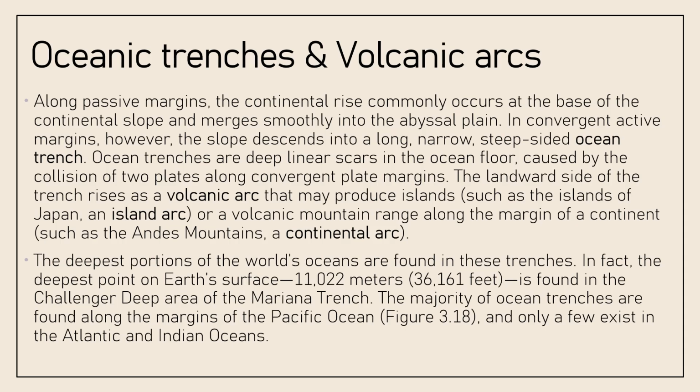Okay, now let's discuss oceanic trenches and volcanic arcs. So, along passive margins, the continental rise commonly occurs at the base of the continental slope and merges smoothly into the abyssal plain. In convergent margins, however, the slope descends into a long, narrow, steep-sided oceanic trench.